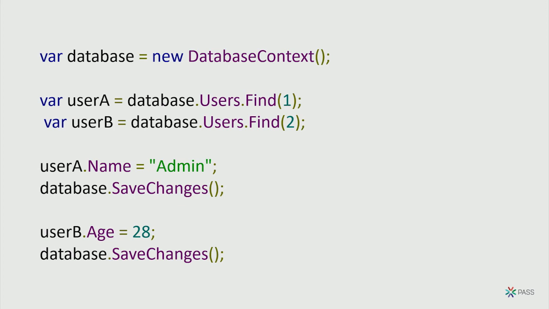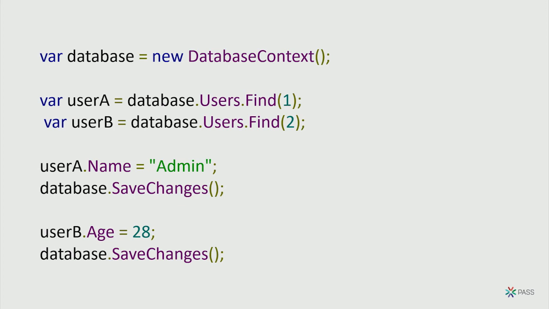In this case, it's called database. So that database has those 2 changes inside of it, queued up, ready to go. And when the save changes happens, that actually will wrap a transaction around both of those internal changes.